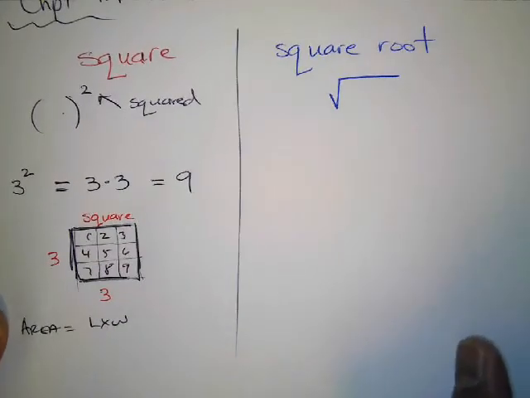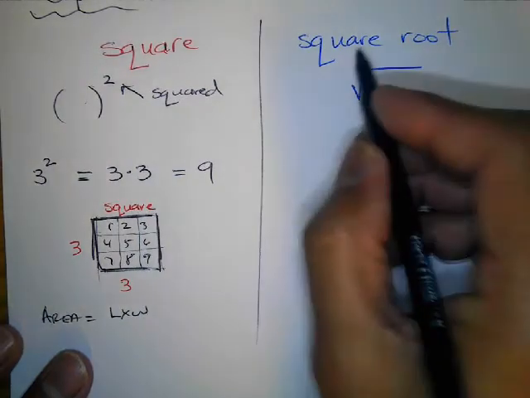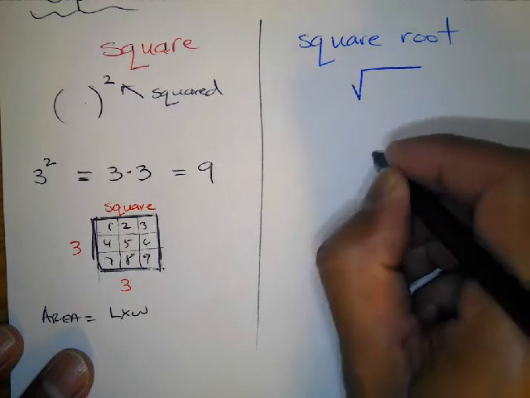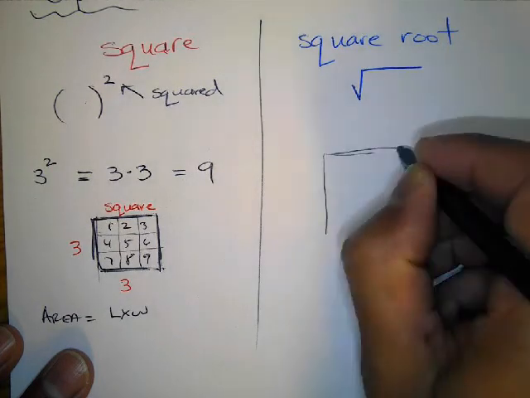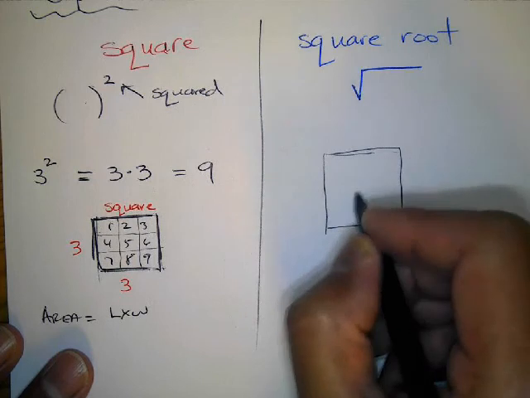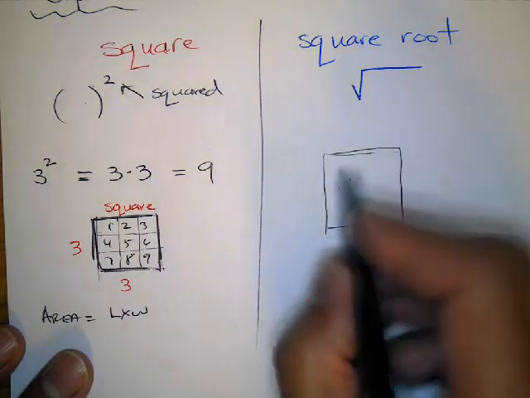Now, how does it work this way? What is a square root? Well, it's the same idea. What if you measure something and you notice that it has an area of 9, just like we did here?